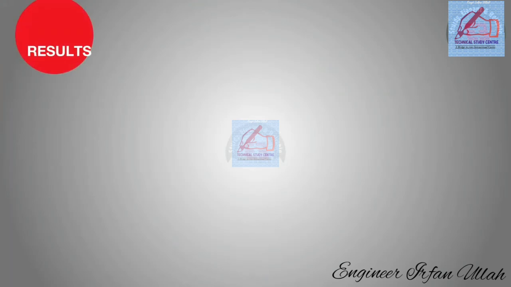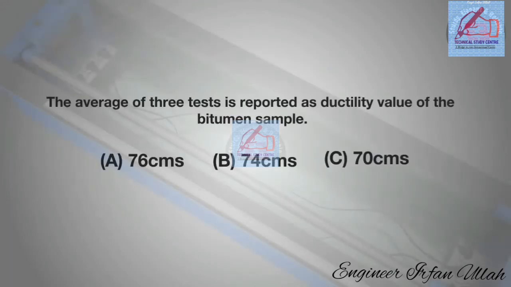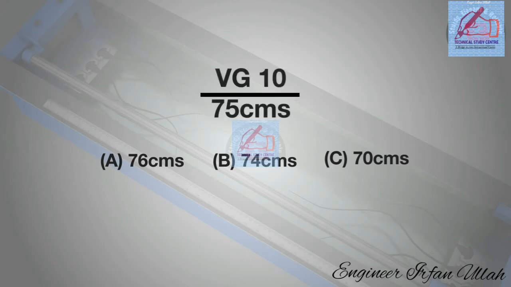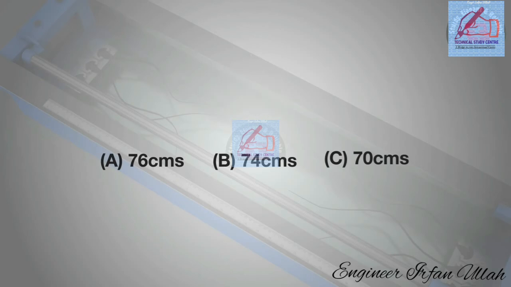Results: the average of 3 tests is reported as the ductility value of the bitumen sample. The 3 values should be within plus or minus 5% of the mean value. If the 3 values are not within the shown limit, but the 2 higher values are within plus or minus 5% of the mean value, then the mean of the 2 values is considered as the test result.